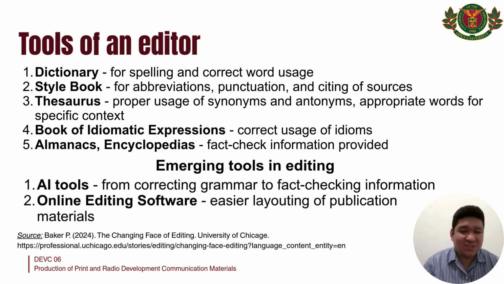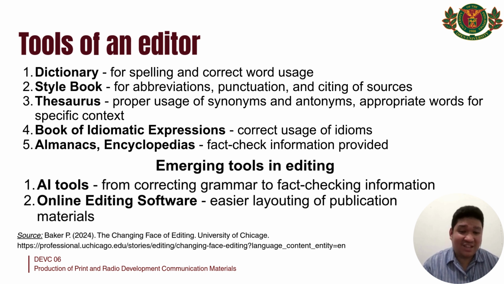Now, what tools does an editor use? Of course, an editor is not an all-knowing person, so oftentimes they may need some references and some books to help them in editing. For this discussion, we will be looking at five tools that are commonly used by an editor.